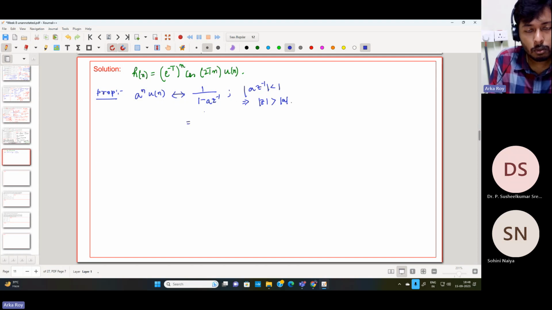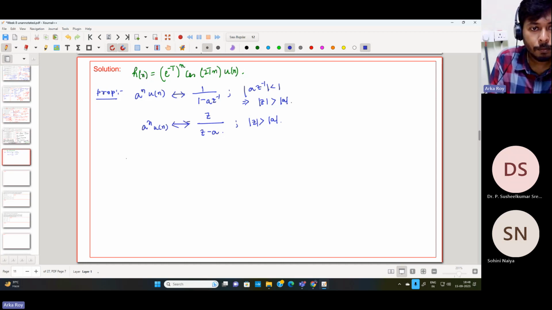These things we know. So I can conversely write it in this fashion also, z divided by (z minus a), and the ROC is defined like this. So this is for a to the power n u(n).